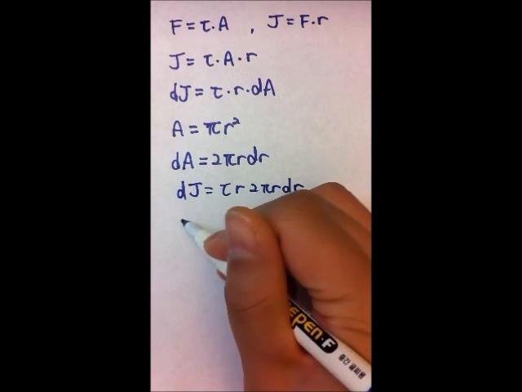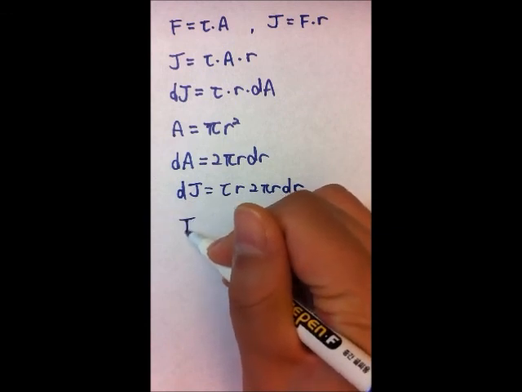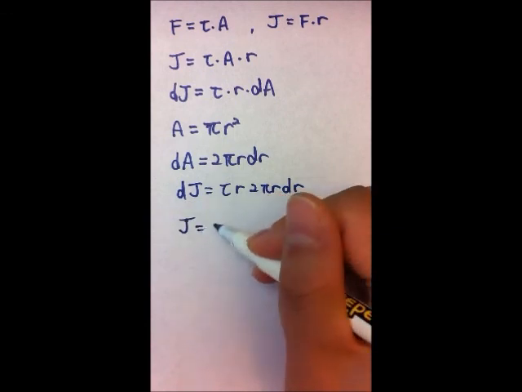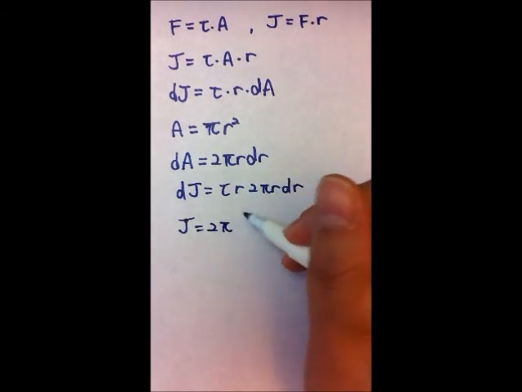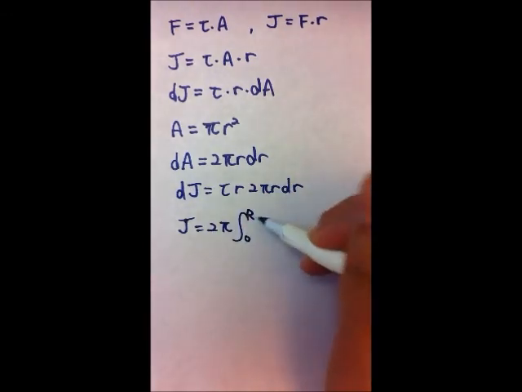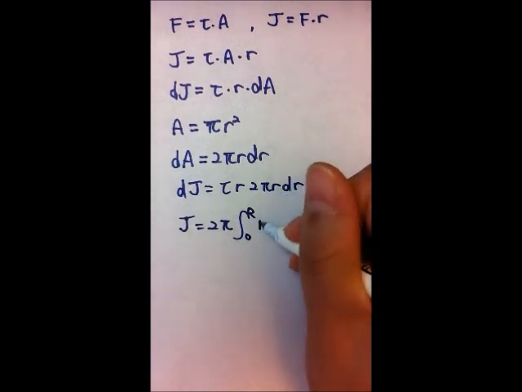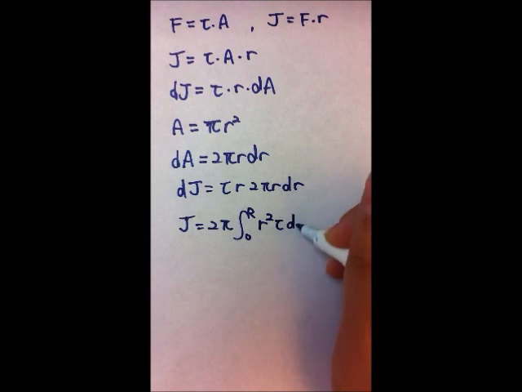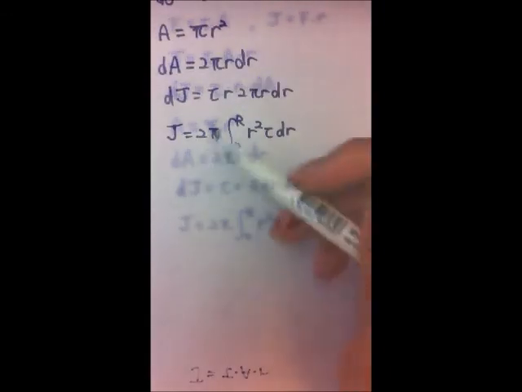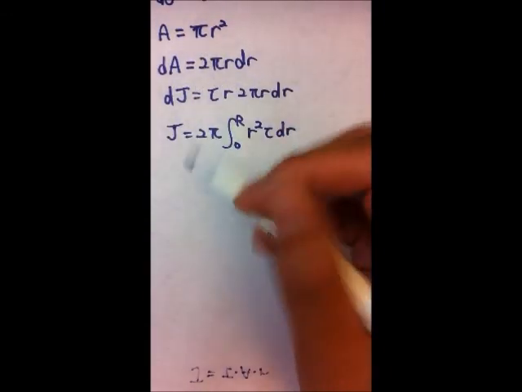So we're going to get torque is equal to 2 pi integral from 0 to big R of r squared tau dr.